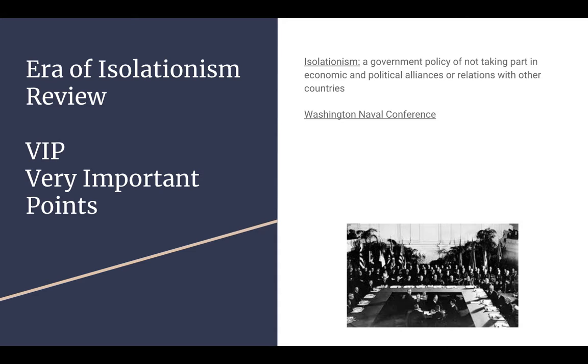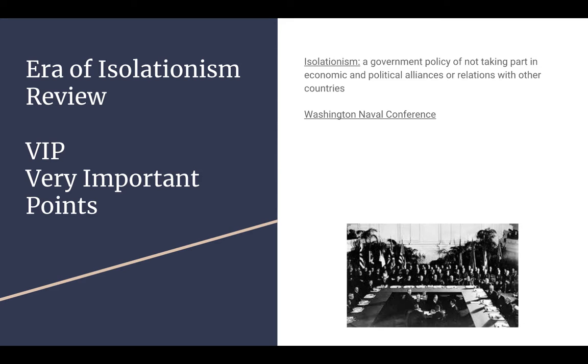It resulted in agreements to discuss power conflicts in the Pacific, to reduce or limit the size of each nation's navy, to regulate submarine use, and to ban poison gas use.